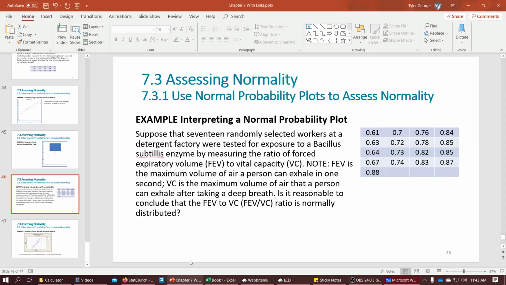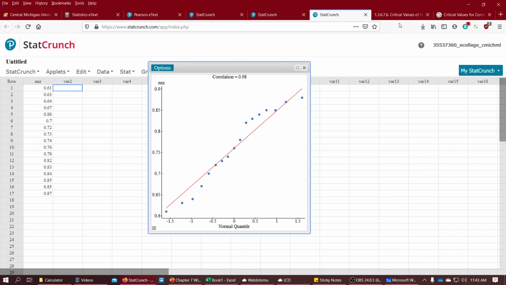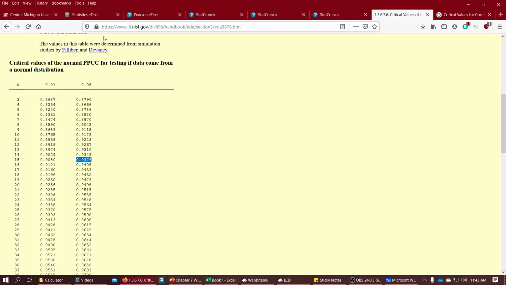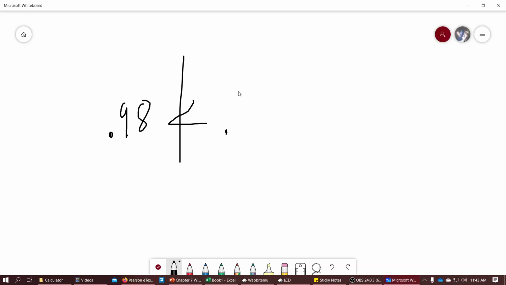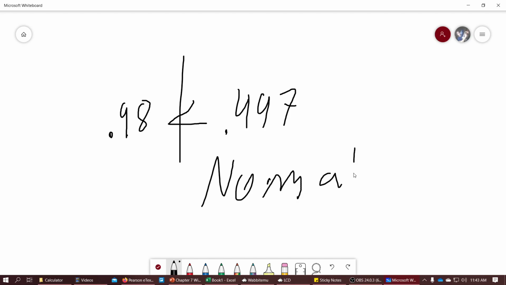The value from the table here is 0.9497. It's not less than, so this tells us normal. That means we get what we want. Normal. So that is how we use that table.